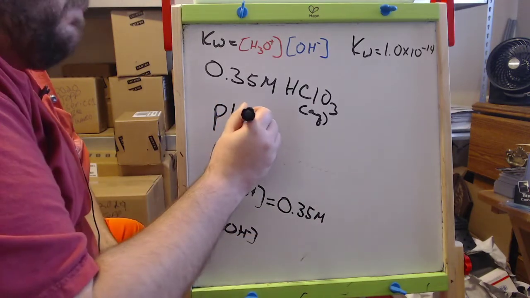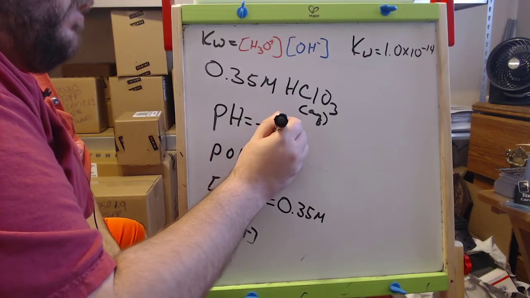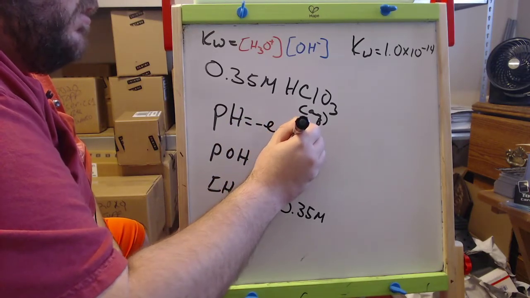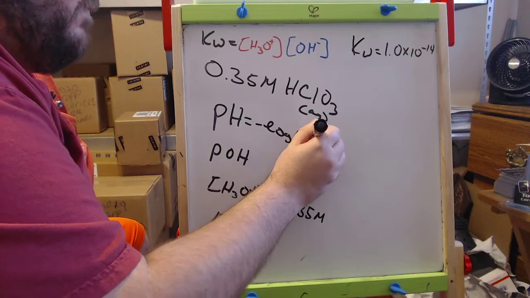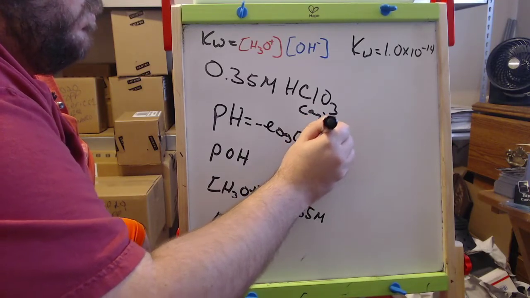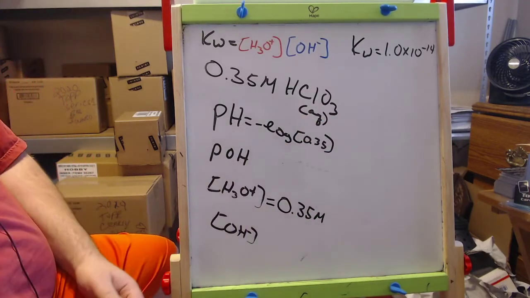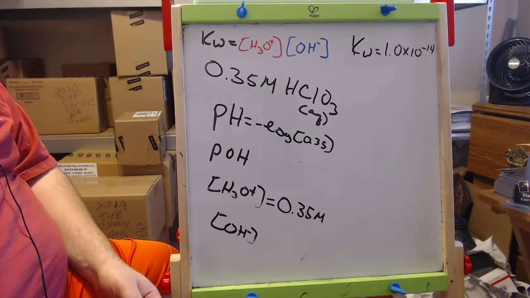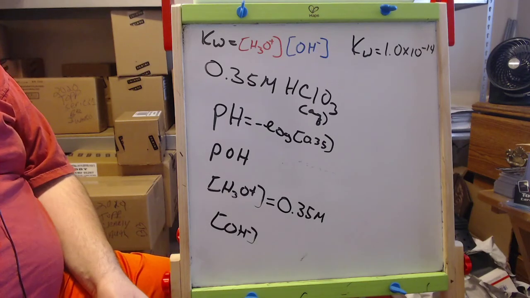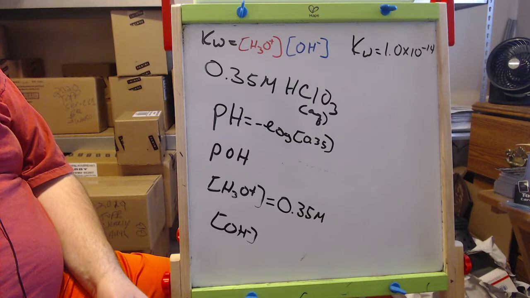I want to find the pH. I'm going to take the negative log of that concentration, 0.35. Clear. Log. Clear. 0.35 log.